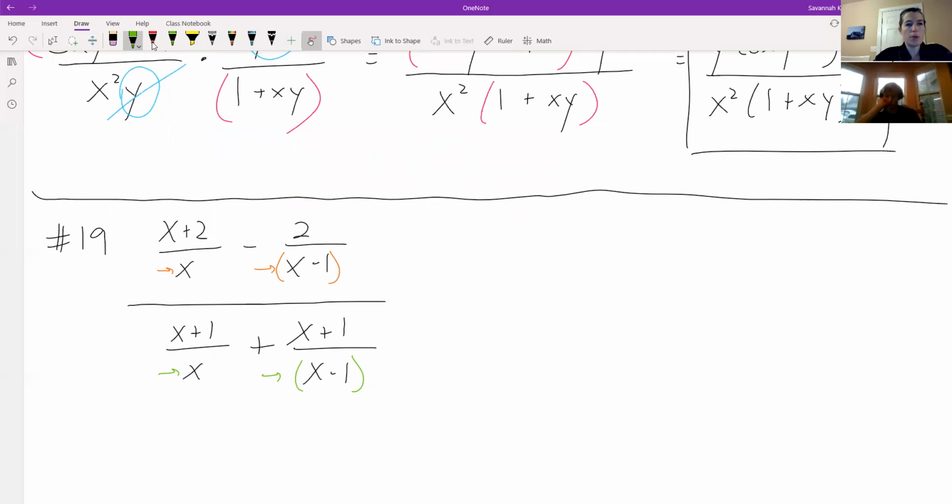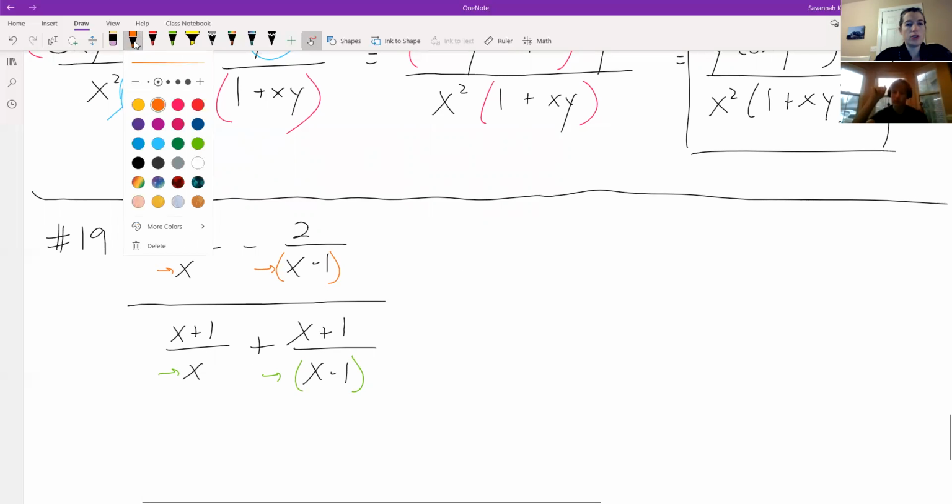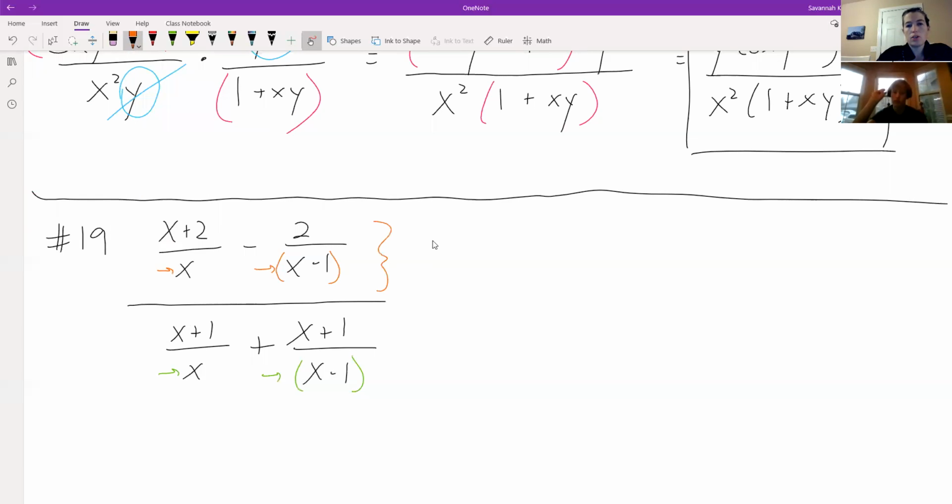So there's four denominators that I need to look at to determine, okay, what's my common denominator up top? And then in a completely separate problem, what's my common denominator down below?